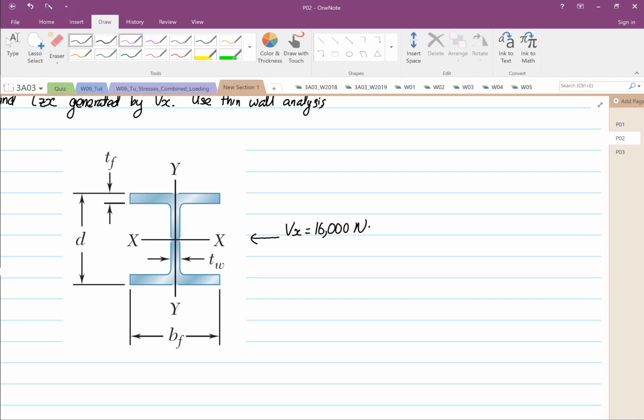So when we sketch the Q, the shear flow, it'll look like that. Shorter the arrow. Okay, you do this. And then in between, one will go in here, one will go in here, so these two will cancel out. Action equals reaction, they will cancel out. So there's nothing to calculate there.